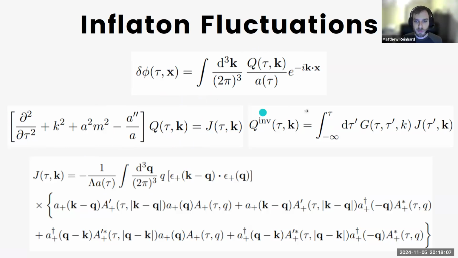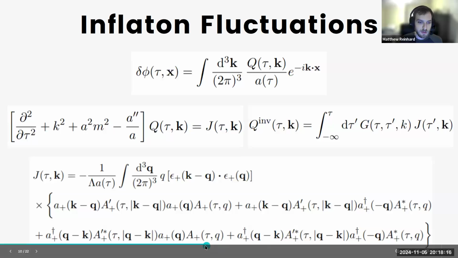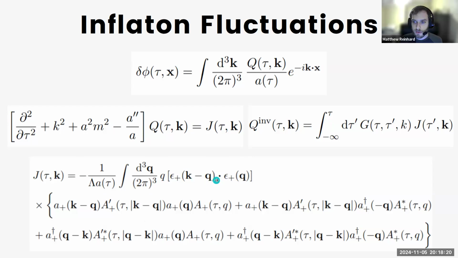And we also have a particular solution given on the right here by integrating this source against a Green's function. And the source function is given down here. Notice that we have a dot product of these two polarization vectors. And each term contains two creation and or annihilation operators and two gauge field mode functions.